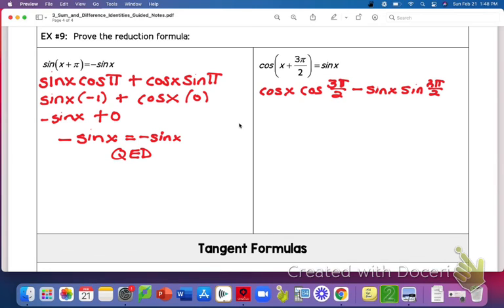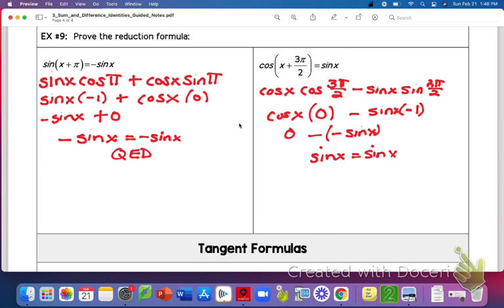So on the y-axis on the bottom, so at 0, -1. So my cosine is 0. So that gets me 0 minus sine of x times -1. So that would become a negative negative sine of x, and the negative of a negative is a positive sine of x, which is what we ended up with. QED. Done.